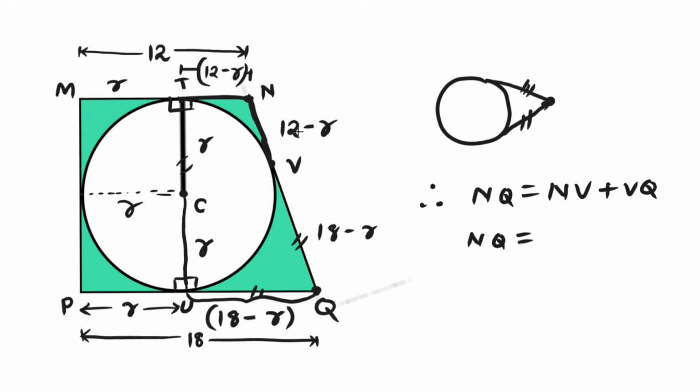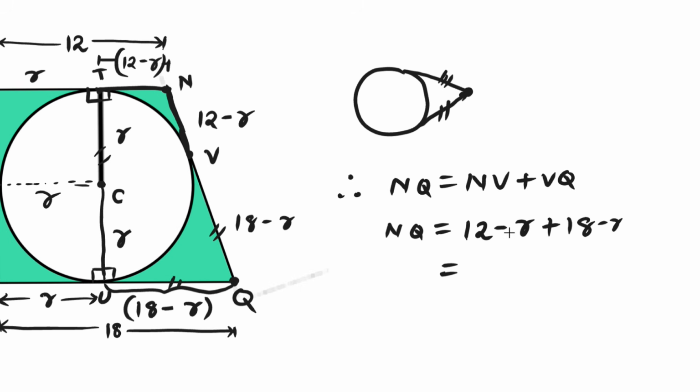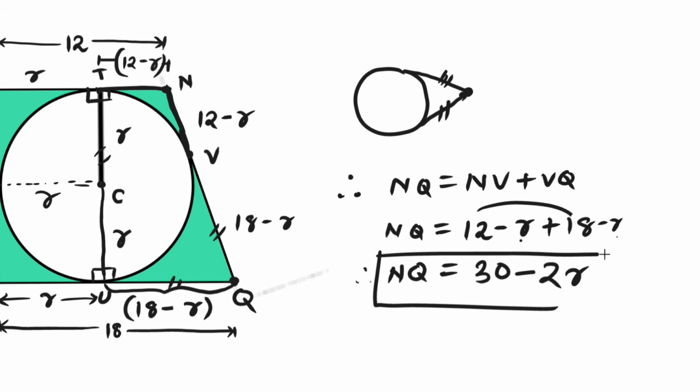Substituting the expressions we just found gives NQ equals the quantity 12 minus R plus the quantity 18 minus R. Combining like terms, 12 plus 18 gives 30, and negative R minus R gives negative 2R. Therefore, NQ equals 30 minus 2R.